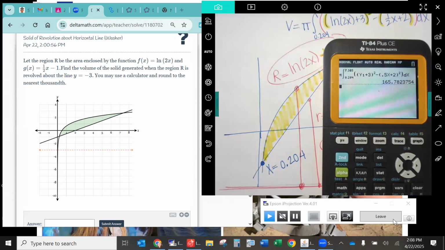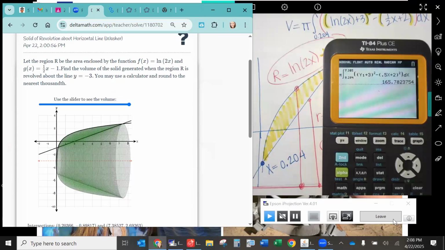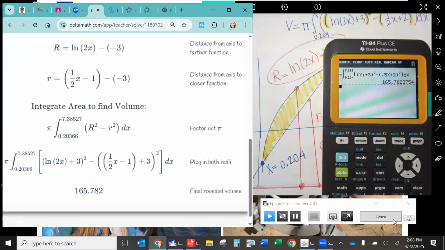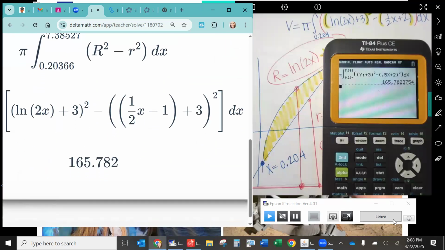If you forgot the pi, just take your answer and multiply it by pi, second. And when you type it in, you're rounding to the third decimal. And the correct answer should be 165.78.